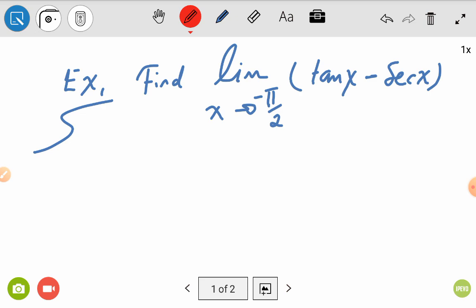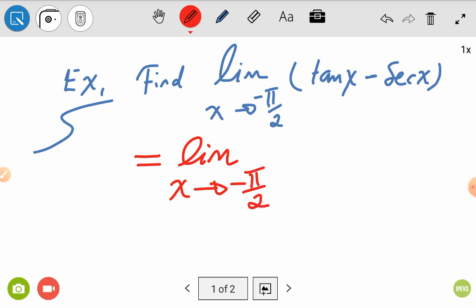So it's indeterminate form. We can rewrite this expression as the limit as x approaches negative pi over 2 of tan. We know that tan is sine over cosine, sine x over cosine x, by using the trigonometric identities.